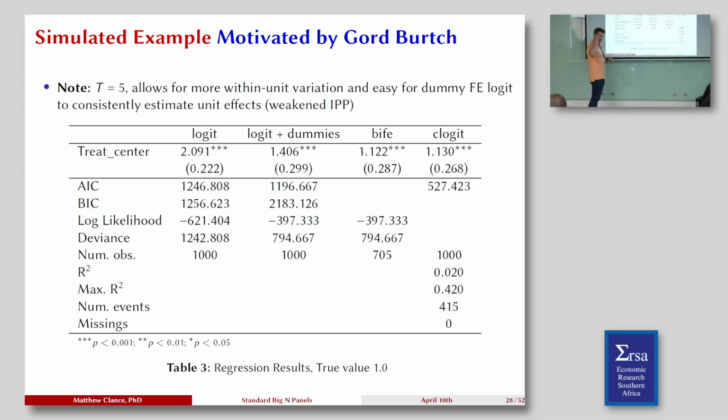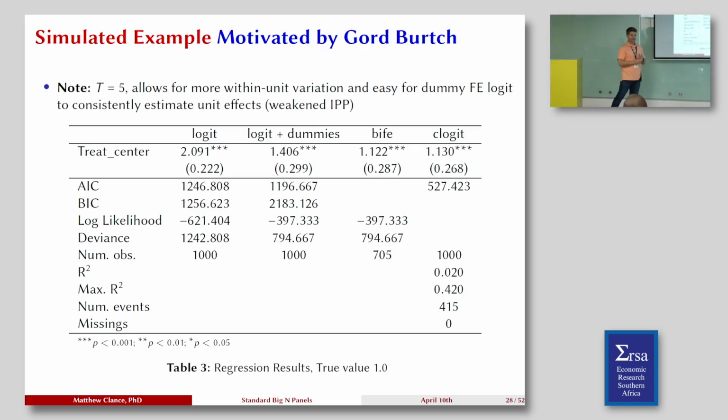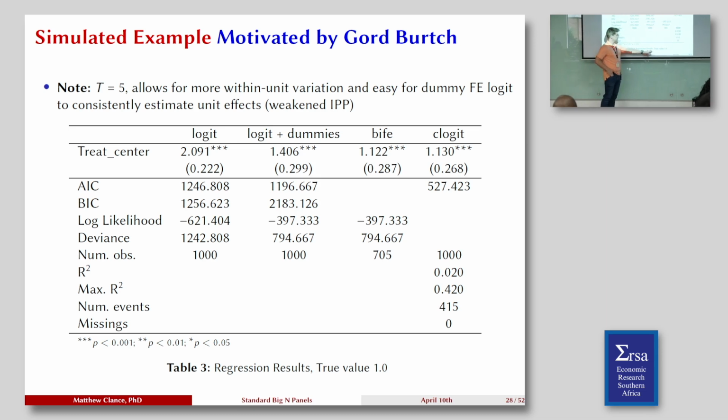Remember, we're not consistent in our estimates of the unobserved effects, which leads to not being consistent in the variables of interest. So in this case, in the regression results, the true value is 1. That's the way I simulated it.